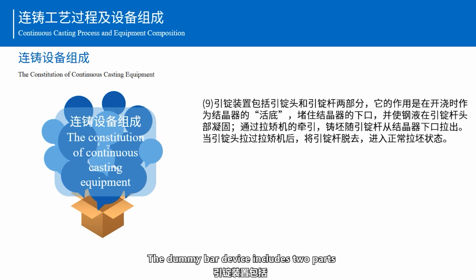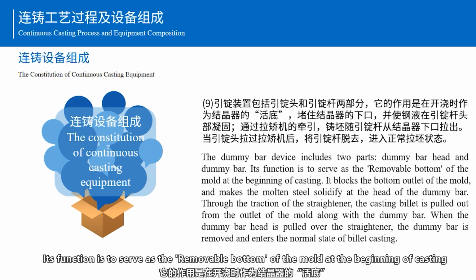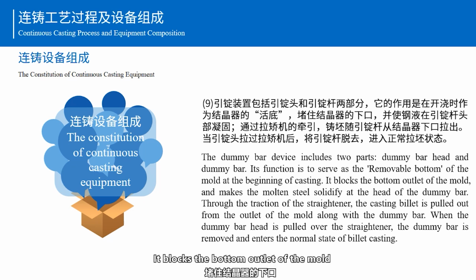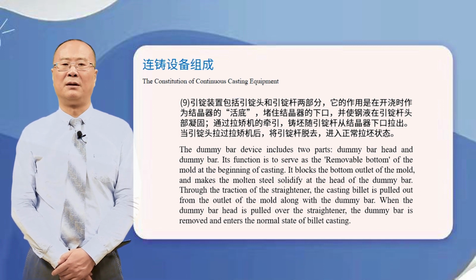The dummy bar device includes two parts, the dummy bar head and the dummy bar. Its function is to serve as the removable bottom of the mold at the beginning of casting. It blocks the bottom outlet of the mold and makes the molten steel solidify at the head of the dummy bar.